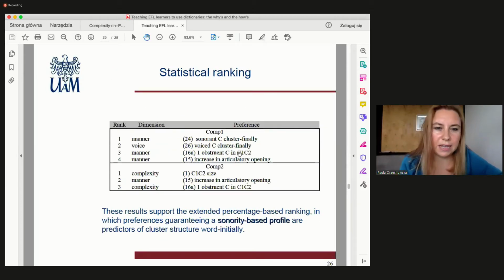So what we can see is, and this is actually the ranking of the most important variables, which contribute most to structure and explain the variability in the data. As you can see, mainly these are manner of articulation features which are important here.